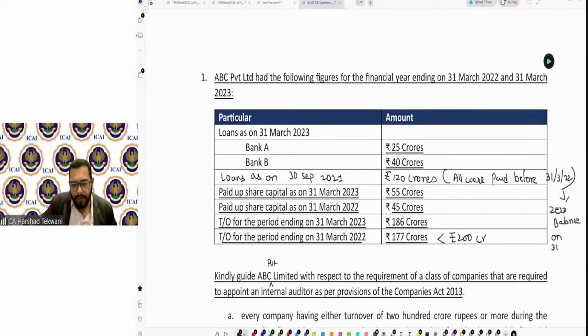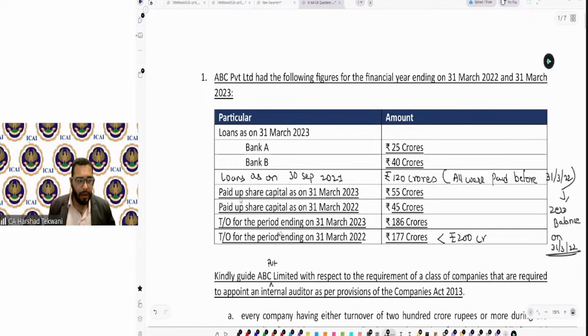Now tell me whether, based on the given conditions that I have changed, it is applicable or not. I added one detail over here: the loan as on 30 September 2021.